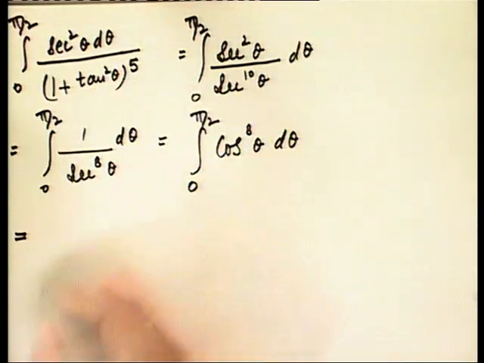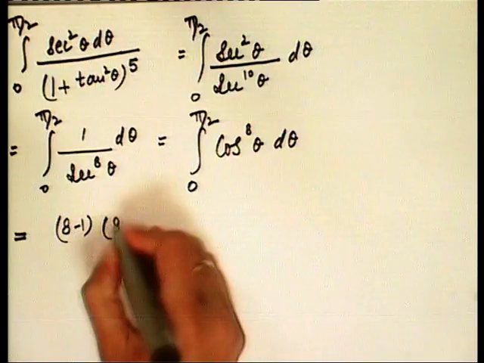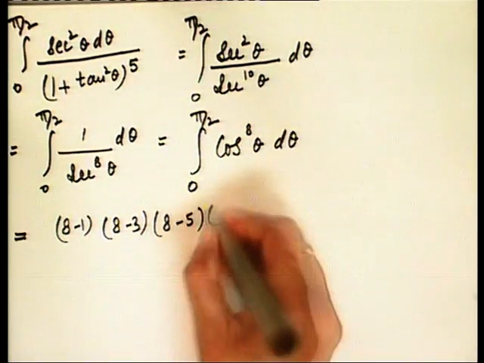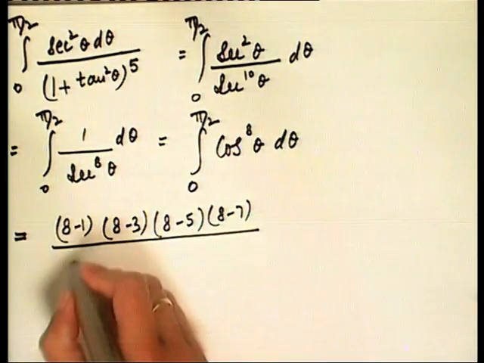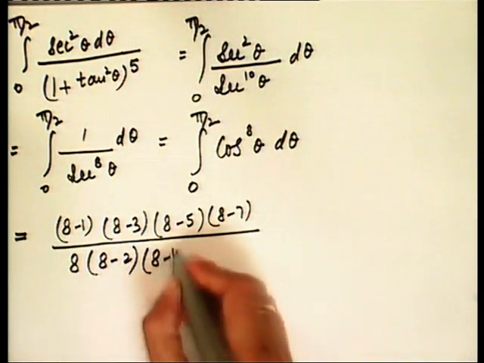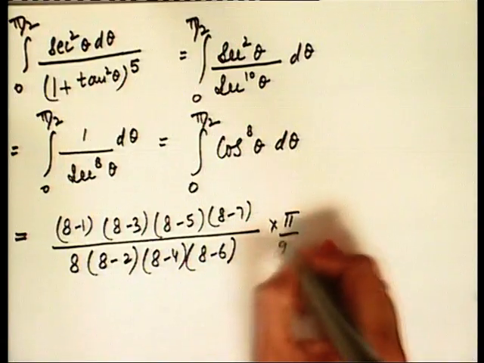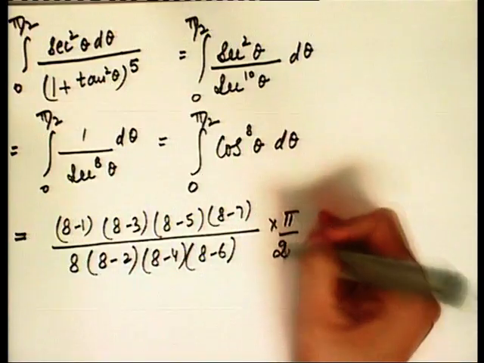From the standard formula we get (8 minus 1)(8 minus 3)(8 minus 5)(8 minus 7) in the numerator, and in the denominator 8 times (8 minus 2)(8 minus 4)(8 minus 6), and because n is even, we multiply by pi by 2.